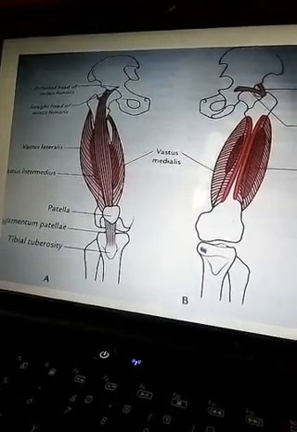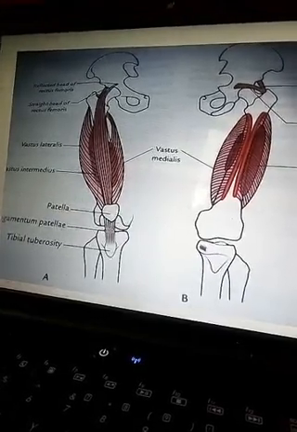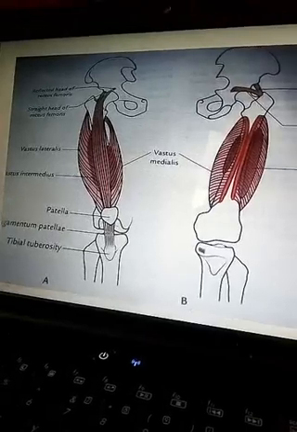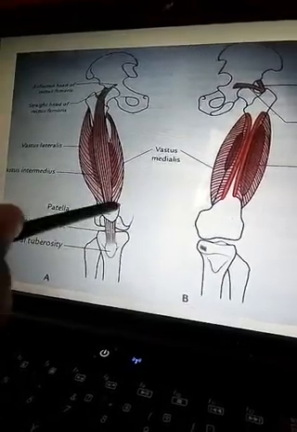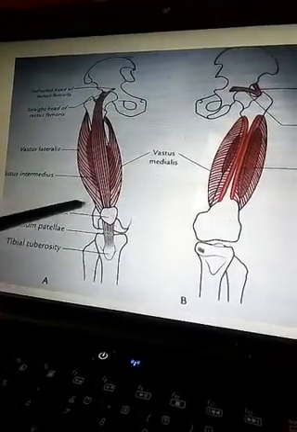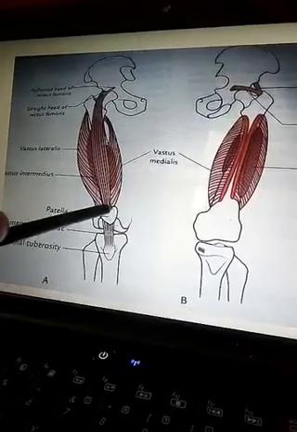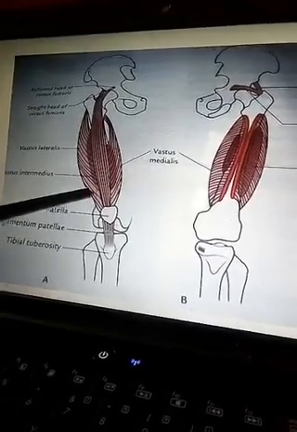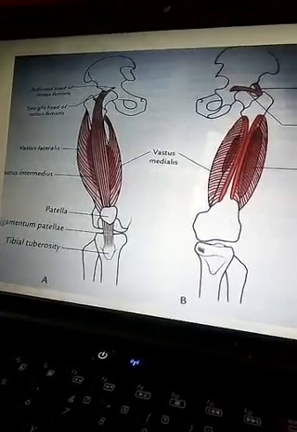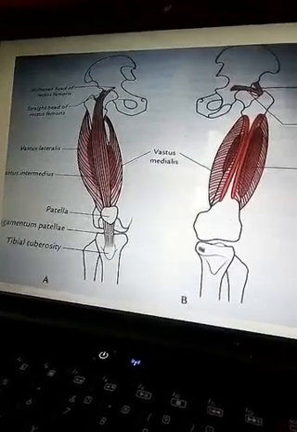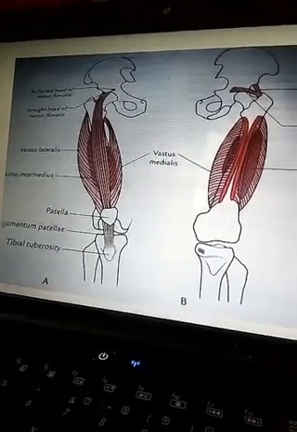Articularis genu arises from the anterior surface of the lower part of the shaft of femur. It is inserted into the upper part of the synovial membrane of the knee joint. It is supplied by a twig from the nerve to vastus intermedius. Now, what is the action of articularis genu? It pulls the synovial membrane upwards to prevent its damage when the knee is extended.